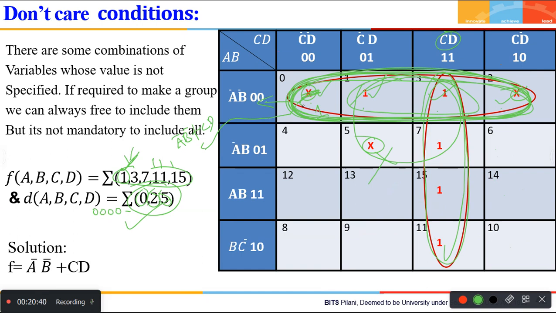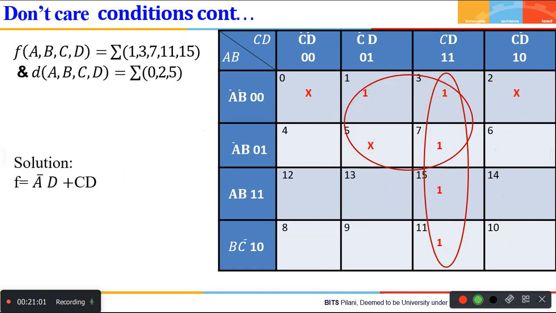That grouping is only possible. See, we are presuming this x to be 1 and we are combining it, because don't care means it is either 1 or 0, right? Okay. So this completes the 4 variable Karnaugh map, okay?